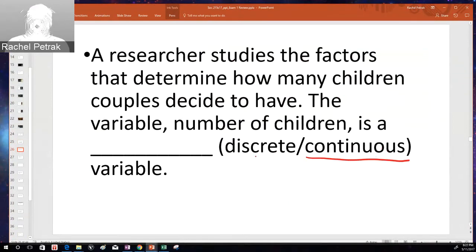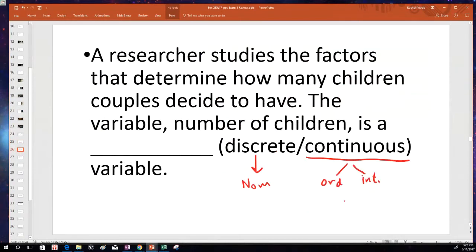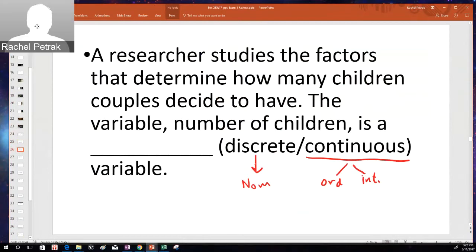Because remember, discrete would be just nominal, but continuous could be ordinal or interval. Yep, this is an interval variable. We know it's interval because the variable goes up in clear units. You have one child, two children, and the difference is always the same.